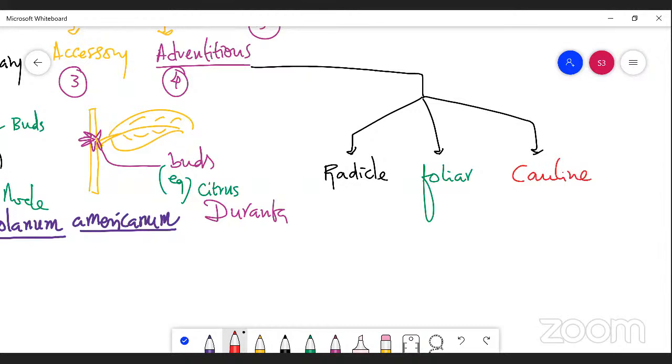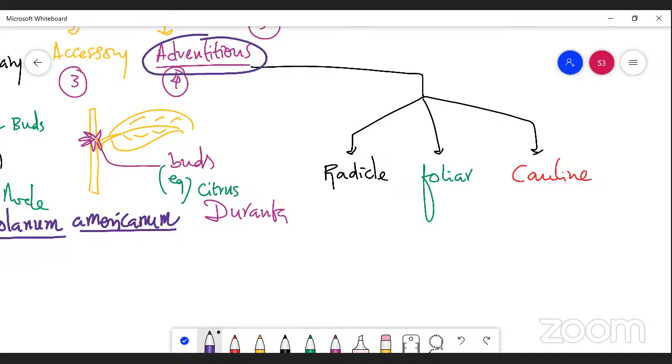Before that, you should understand what adventitious buds are. Actually, adventitious buds are a type of bud that arises from any part of the plant body other than its normal position. That is called an adventitious bud. I repeat once again.